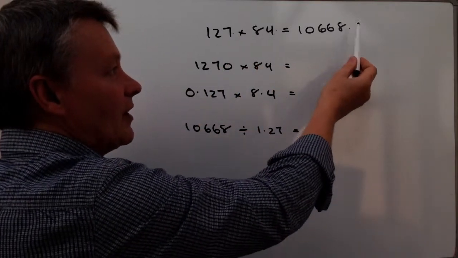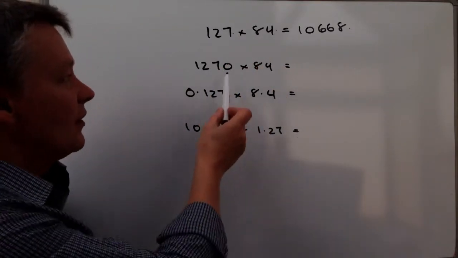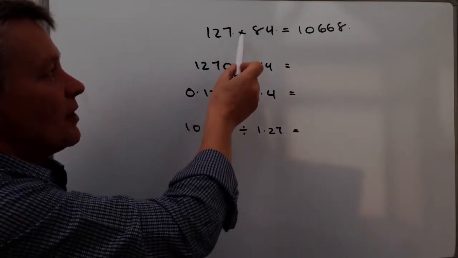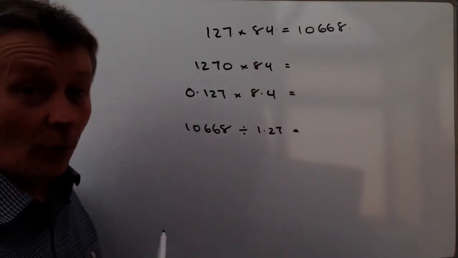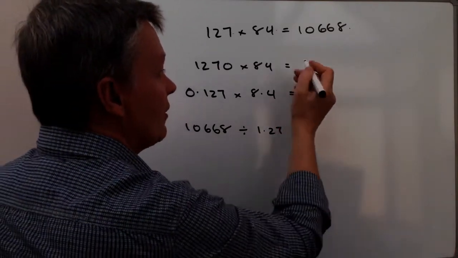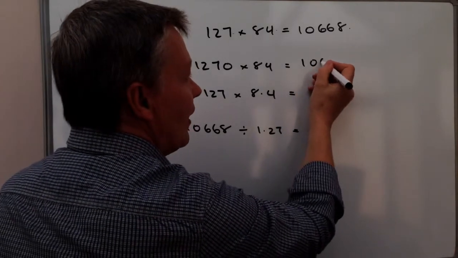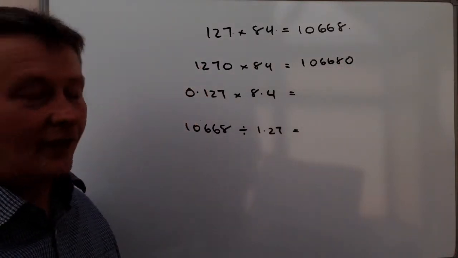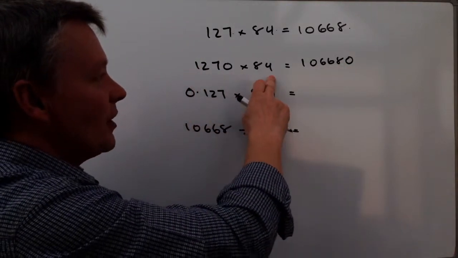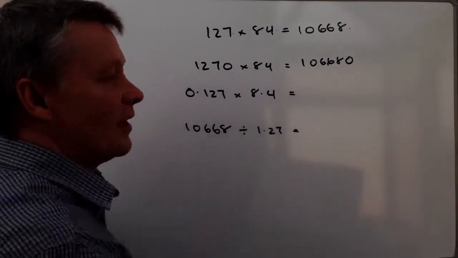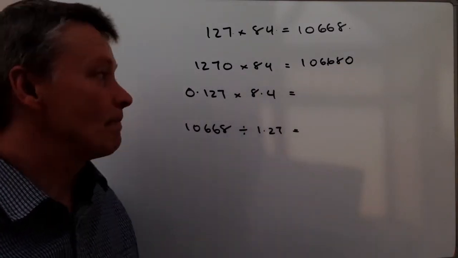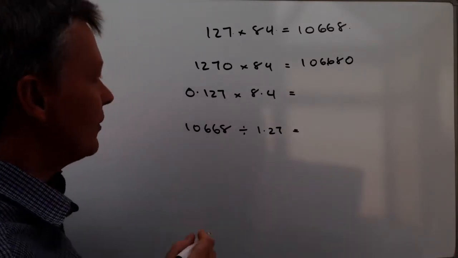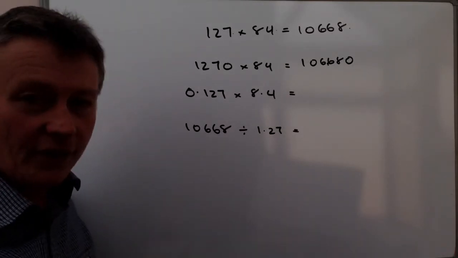But we've got an extra zero here, so the decimal point has moved across one. What that means is I'm going to put the answer in exactly the same way, 10,668, but I'm going to add another zero on the end of it. So in order to answer this question, it would be 106,680.